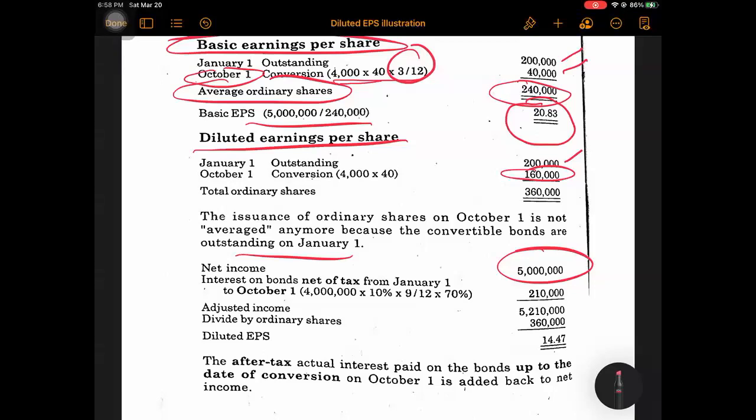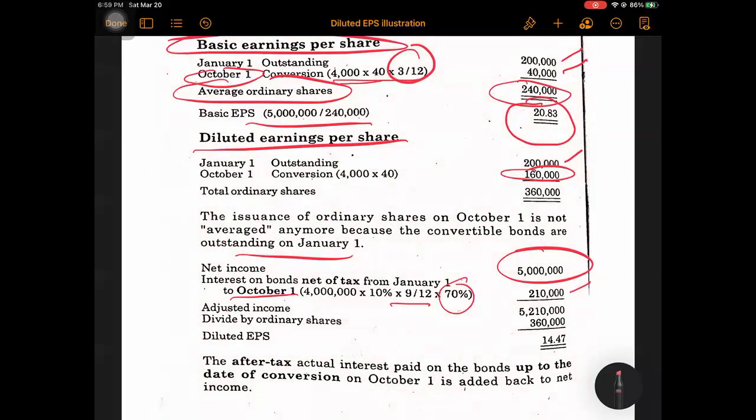Since outstanding siya on January 1, therefore your interest will start on January 1 up to the date of conversion. That's why it's 9 months, from January to September 30, because October 1, it was already converted into ordinary shares. So ang interest nimo proportionate ra pod siya. That's 9 over 12, net of tax, that's why times 70%. That's 210,000. So we add back the interest.